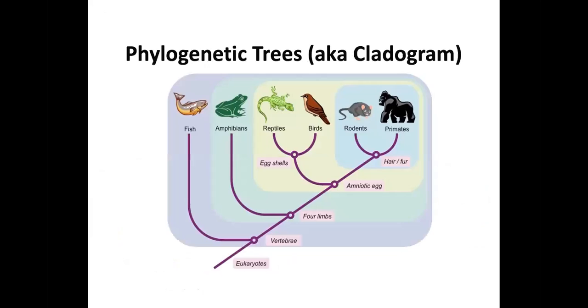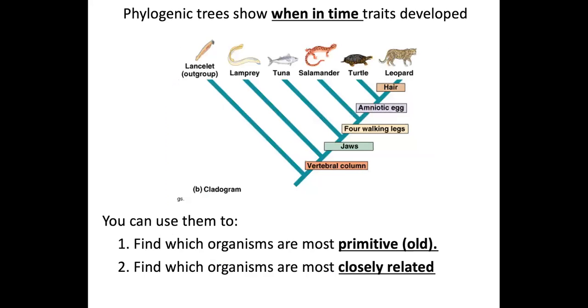Okay. All right, so that takes us into the last piece of classification for today. And this is all about phylogenetic trees, which are also known as cladograms, okay? You will see this, so be very familiar with this. Phylogenetic trees show when in time traits developed, okay? So you can use them in order to do the following.